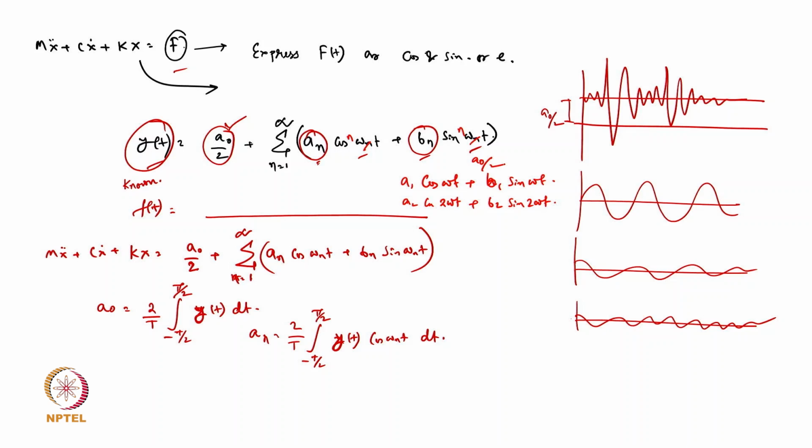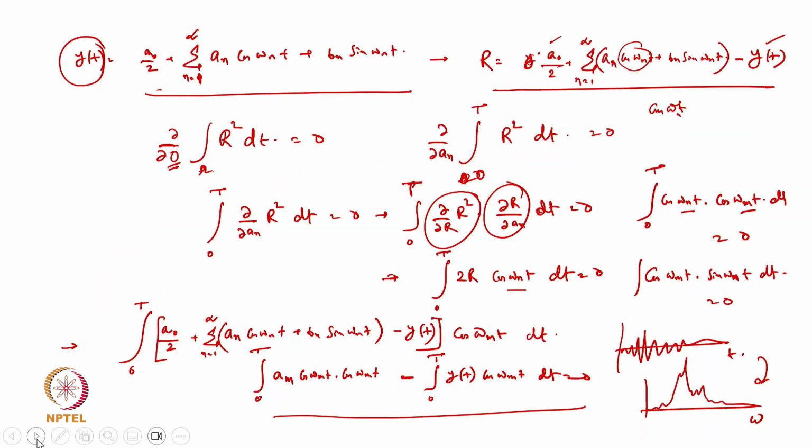So we try to represent that known forcing function with this series. How can we do that? This is basically an optimization problem. We try to approximate the function with this.